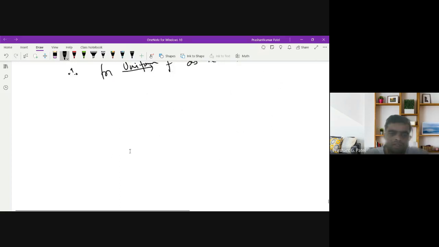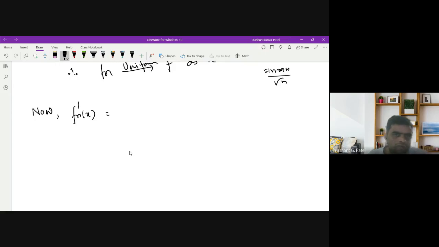Now let us see whether we can interchange the limit and the differentiation sign. For that, I have to find the derivative of the function fn of x. The function fn is sin nx upon root n.